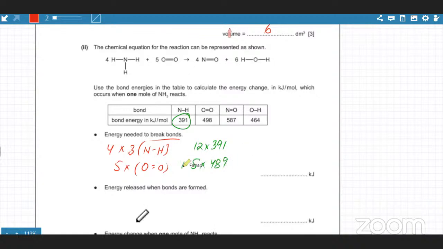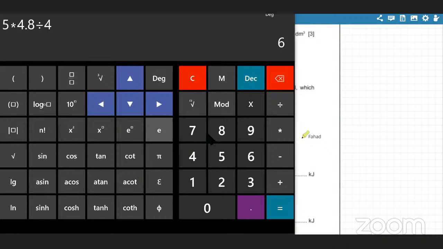I'm going to add them up and write the value over here. 12 multiplied by 391 gives me 4692, and then it's a plus 5 into 498. 5 times 498 is 2490.